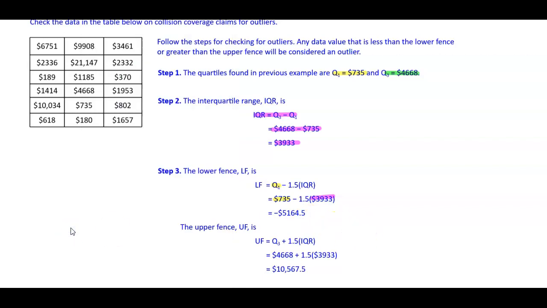Now we're going to find the upper fence, which is quartile 3, 4,668, plus 1.5 times the interquartile range, which is 3,933.